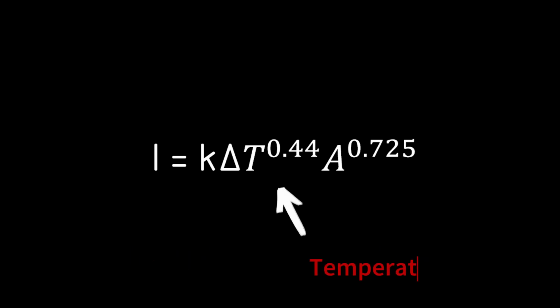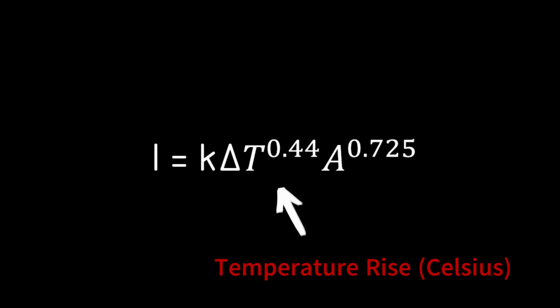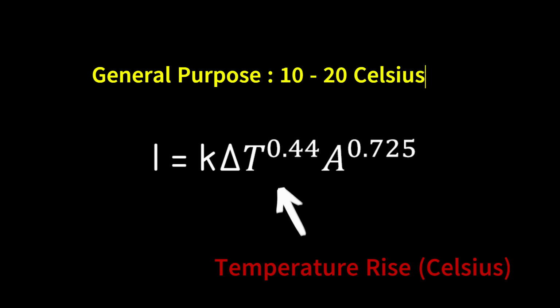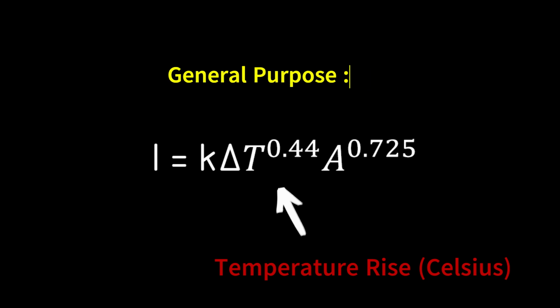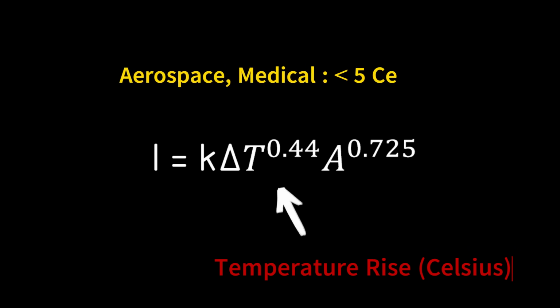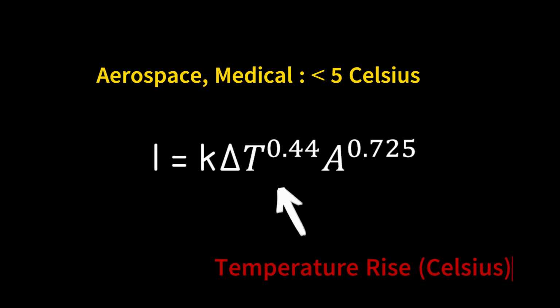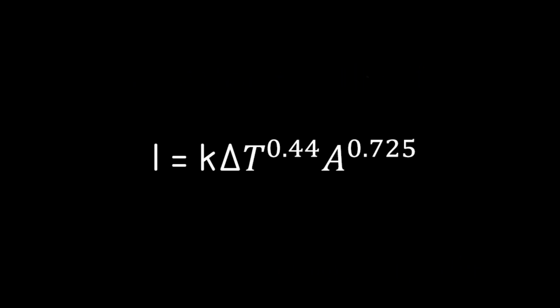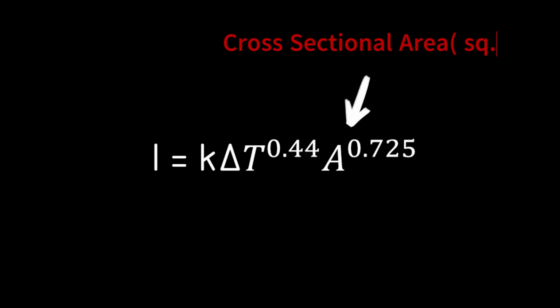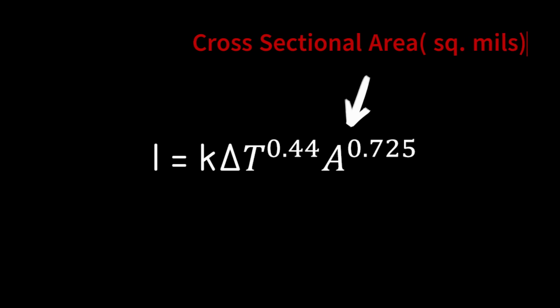Delta T represents the temperature rise in Celsius. General purpose PCB usually use 10 to 20 degrees Celsius, although aerospace industries and medical industries go below 5 degrees Celsius. Finally, A, which represents cross-sectional area, in square mils, mils is for 1/1000th of an inch.